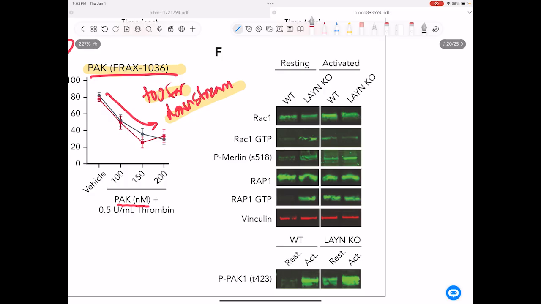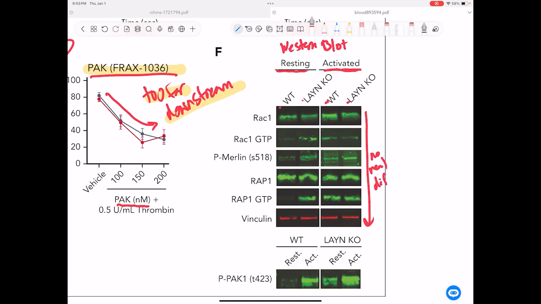I'm going to move this again. And finally, we have our Western blot. So we have here resting platelets versus activated platelets. And again, wild type versus Layilin, wild type versus Layilin. Really, if we look at the activated here, we really do not see much of a difference.